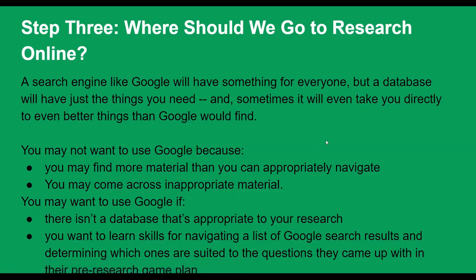So you may not want to use Google because you might find more material than you can appropriately navigate, and you might come across inappropriate material. On the flip side, you may decide you want to use Google if there isn't a database that's appropriate to your research, or if you really want to learn some skills for navigating a list of Google search results and determining which ones are best suited to your questions. There are great moments for using Google, but there are also moments when we really should use a database.